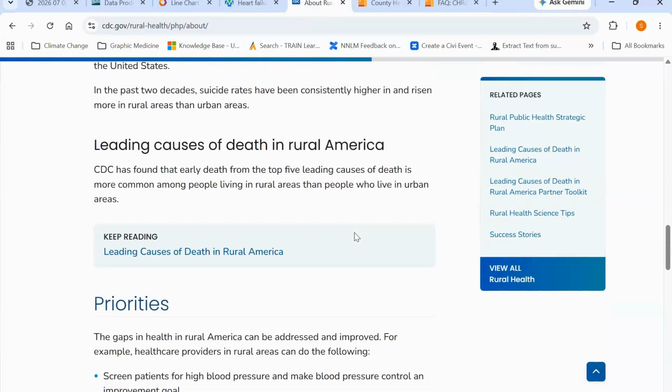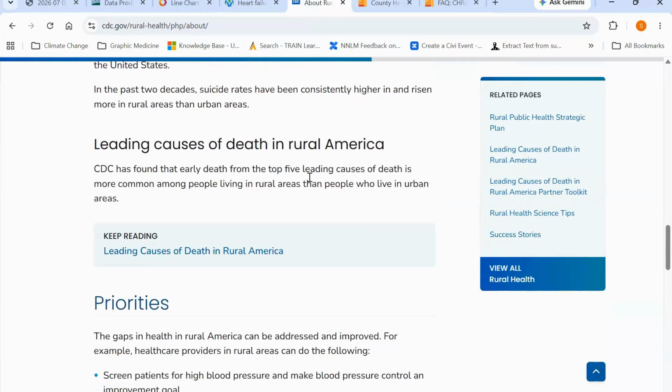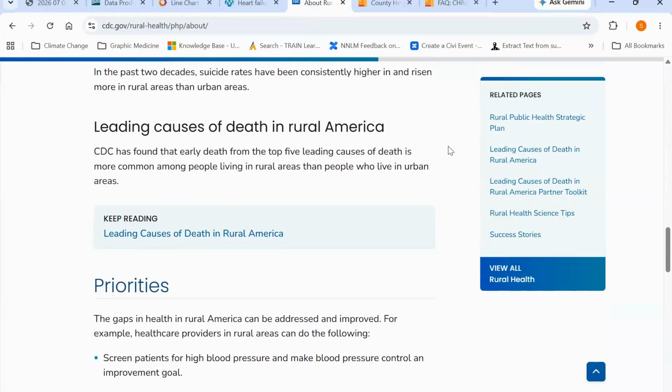Again, this is some of the same information you'll see other places, but framed and discussed differently. Along the side navigation, you have the rural public health strategic plan, more demographic or health information, leading causes of death, a toolkit.